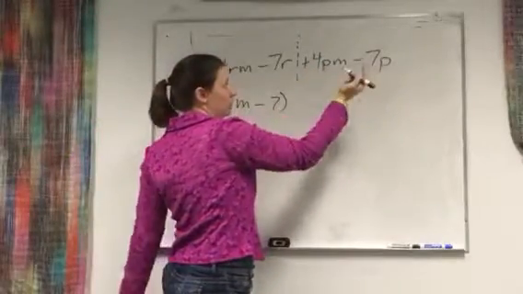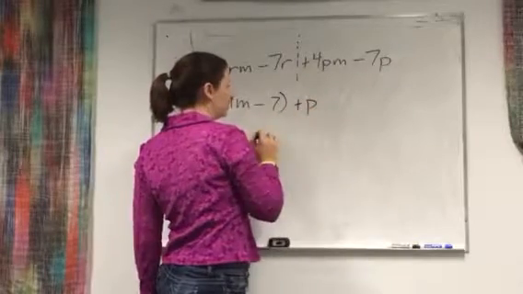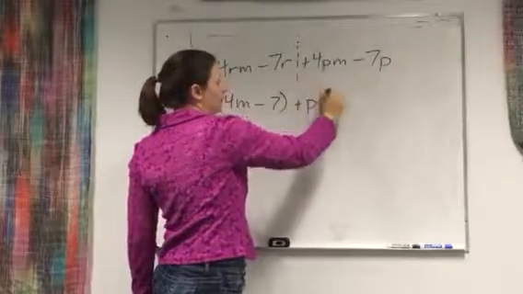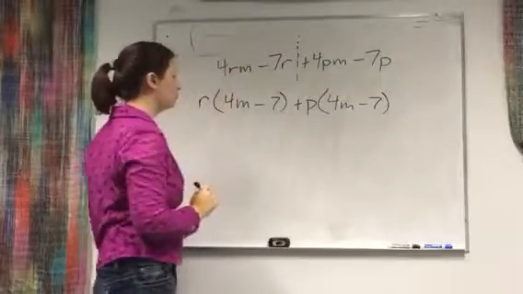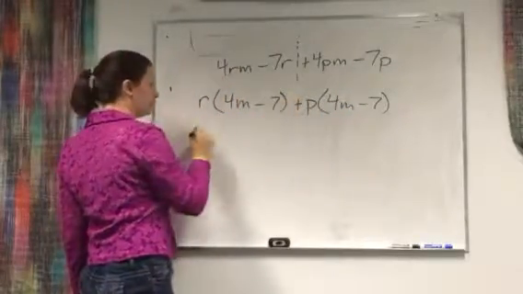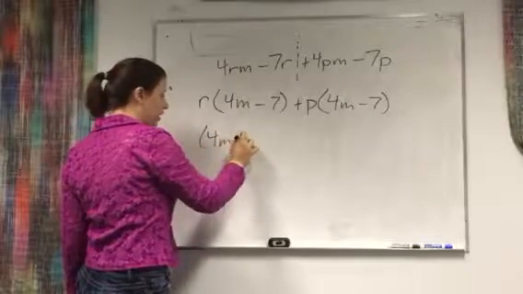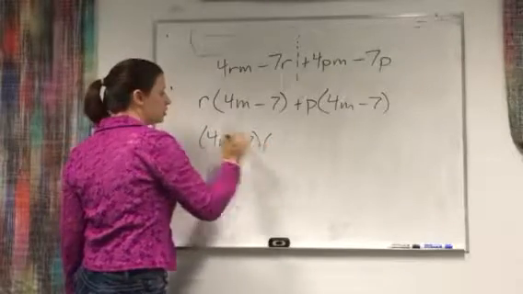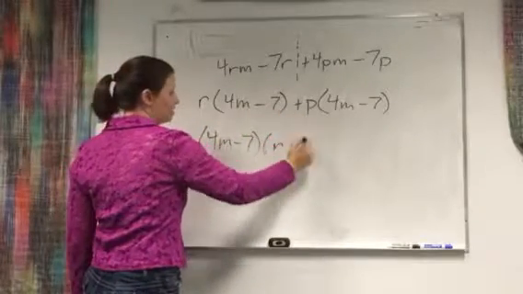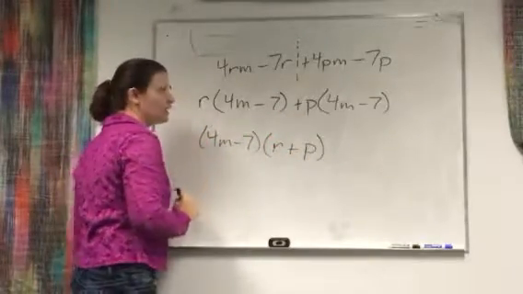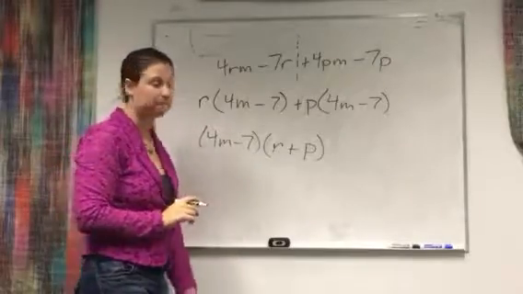These two only have a P in common, so plus P, 4m minus 7. Again, right, they have the 4m minus 7 group in common. So each term is left with R plus P. And that's our factorization by grouping.